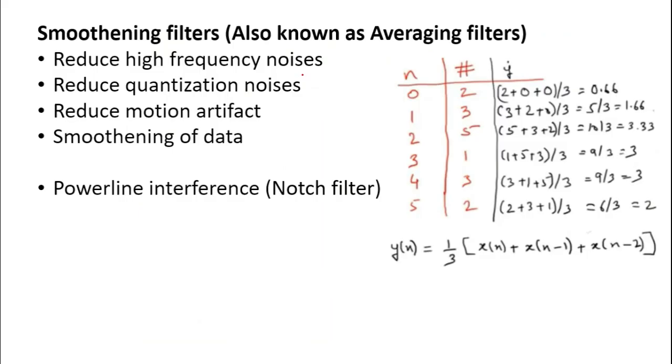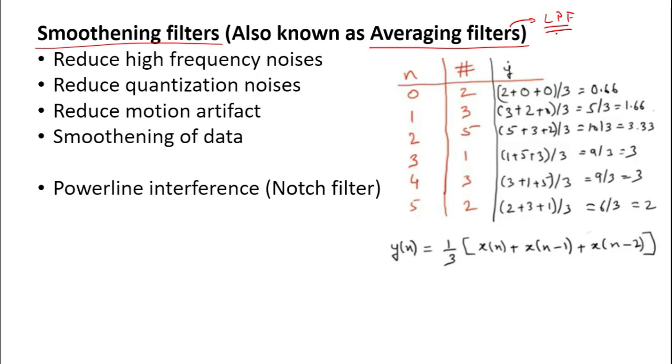Today we will start with the different types of filters used in biomedical signal processing. The first category is the smoothing filters, usually also called averaging filters. Both the smoothing filters and the averaging filters are basically low pass filters.